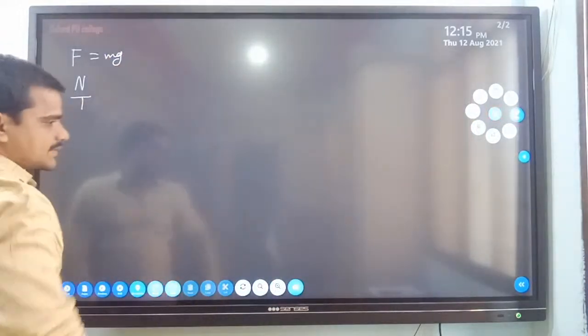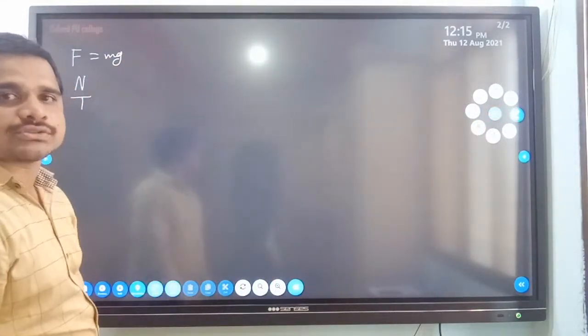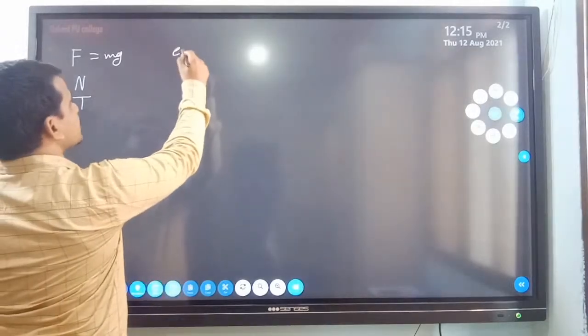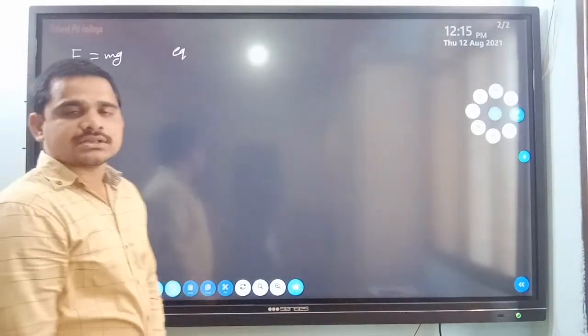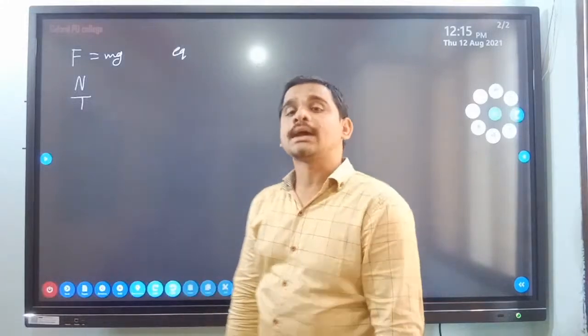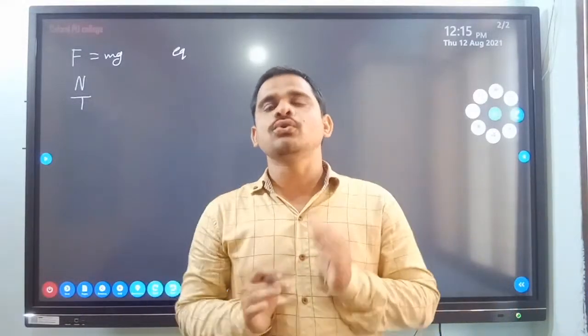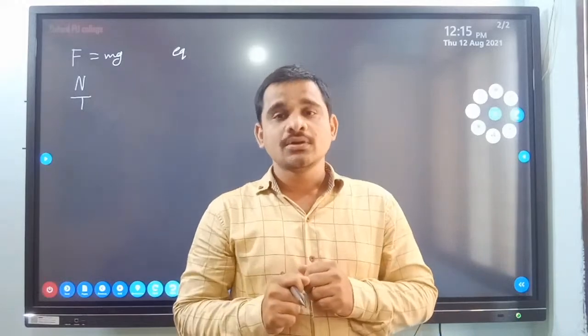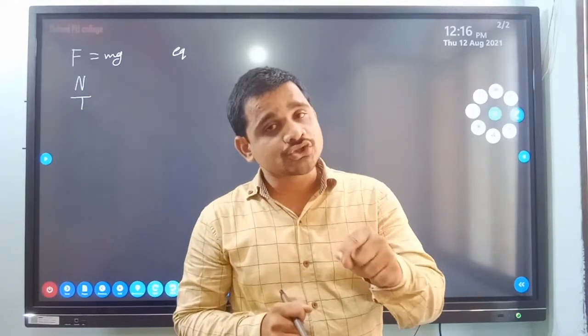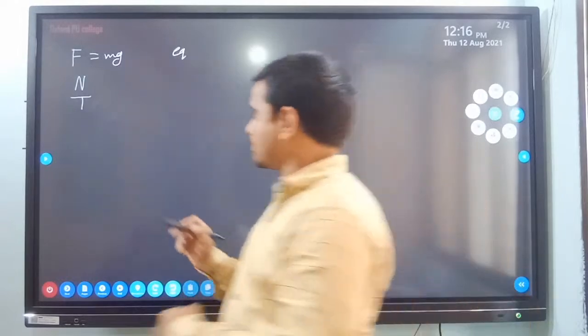Now I am going to discuss equilibrium. Equilibrium means net force is zero. The body will be at rest, or the body may move with a constant velocity. We have two very important points here.